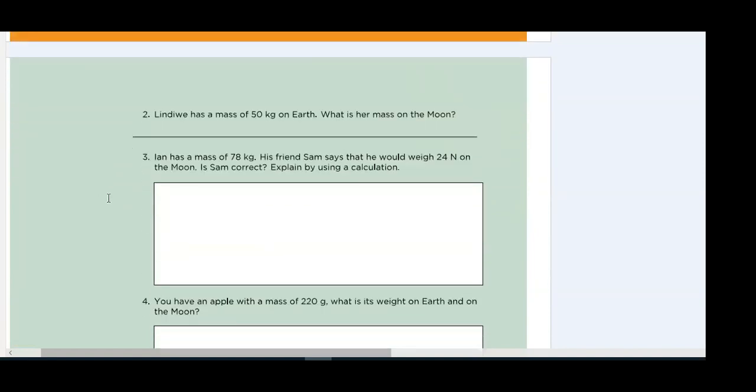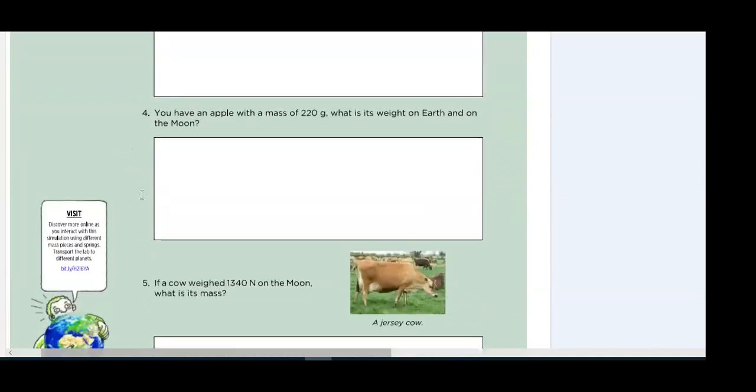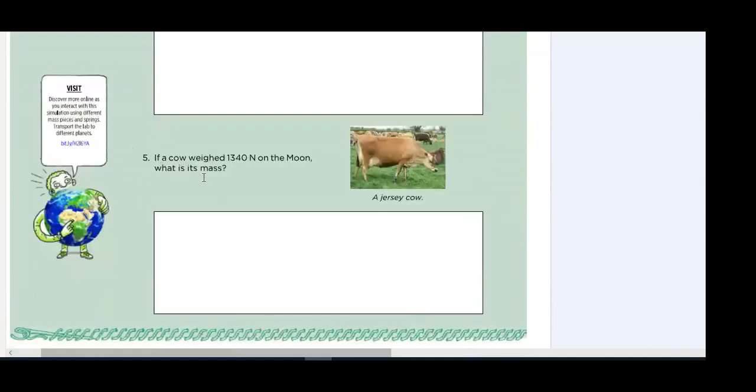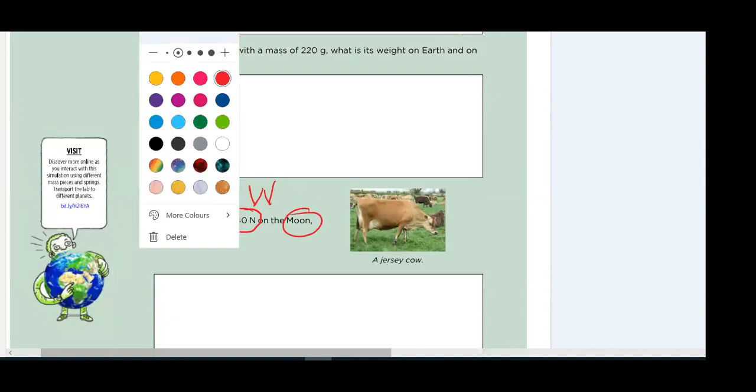And we will look at some of these in a moment. I want to come to question number 5. If a car weighed 1,340 newtons, so that's capital W, on the moon, what is its mass?